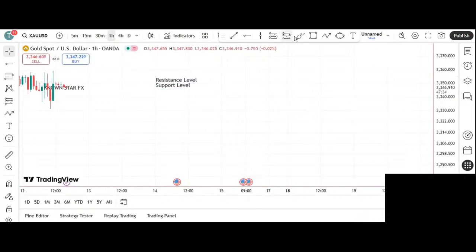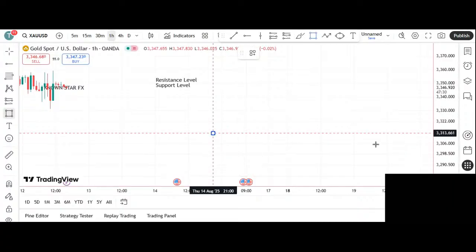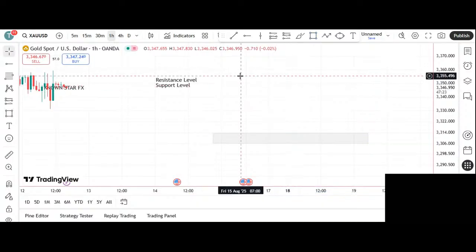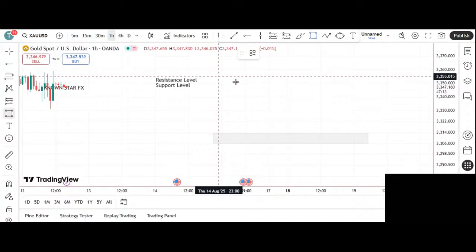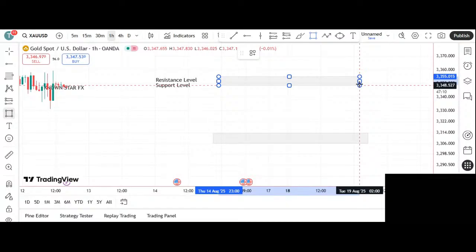Now, the basic thing you should understand is resistance level is formed at the high, and your support level is the one you see at the low, at the bottom. Resistance level is usually found at the top side, and you need to understand this properly. I'll try as much as possible to break this down for you.